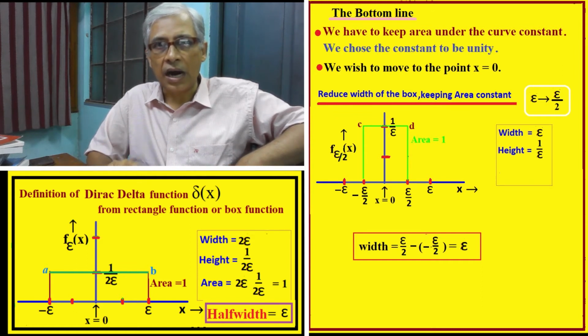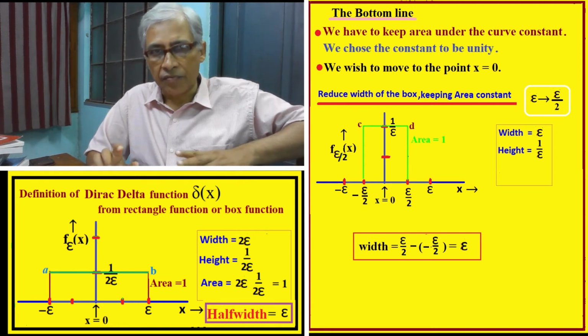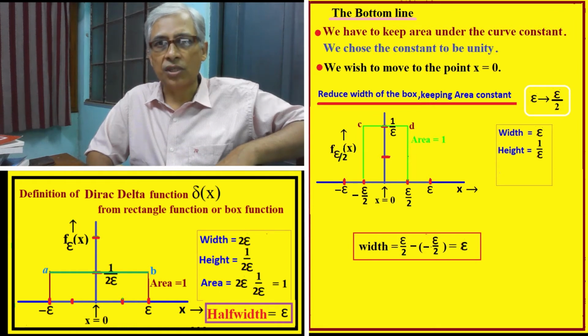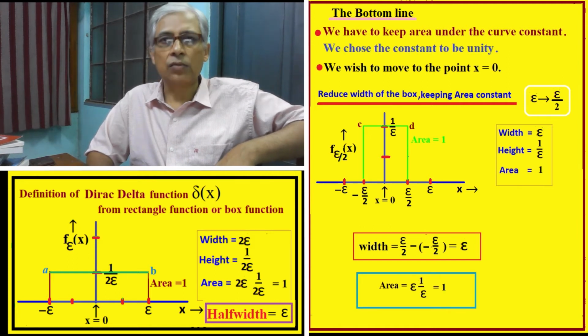This means height has to be set to 1 by epsilon, and the function is represented by the straight line CD stretching from minus epsilon by 2 to epsilon by 2. With this, the area becomes unity as calculated in the blue box.